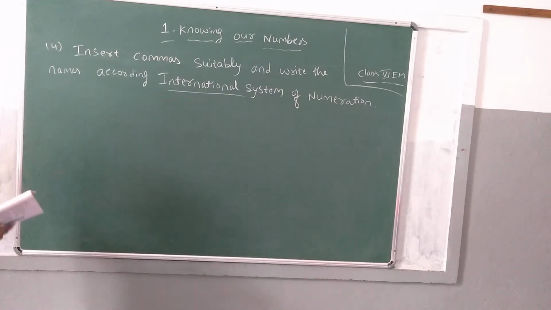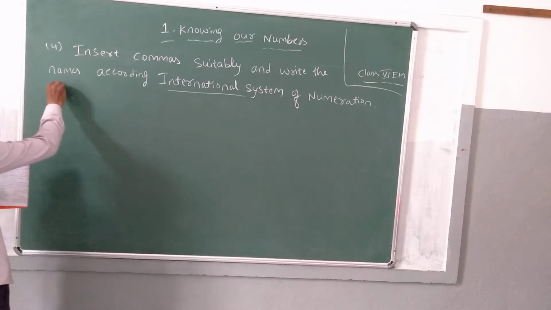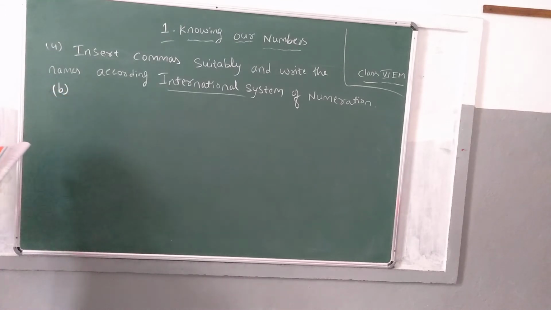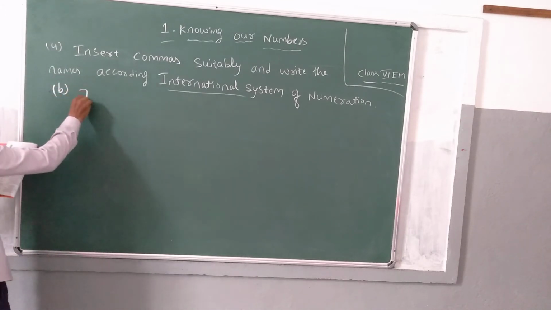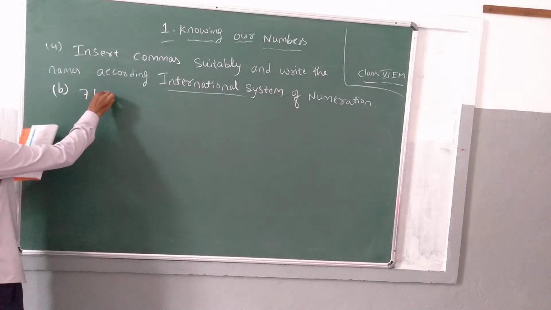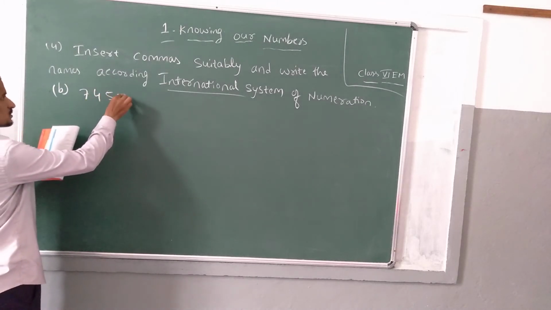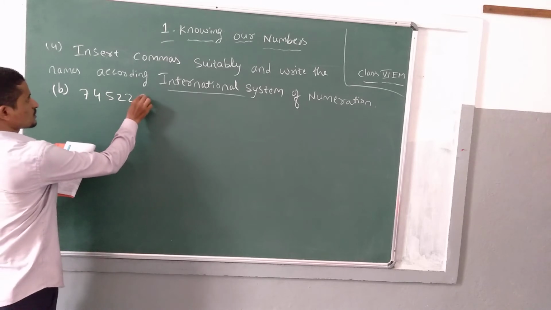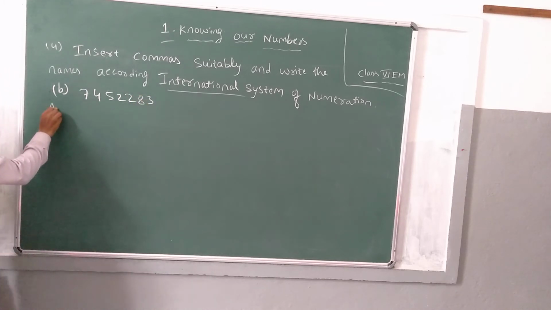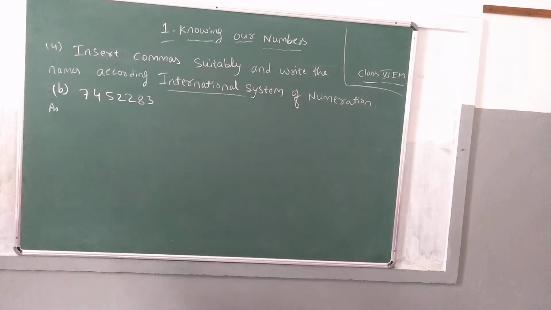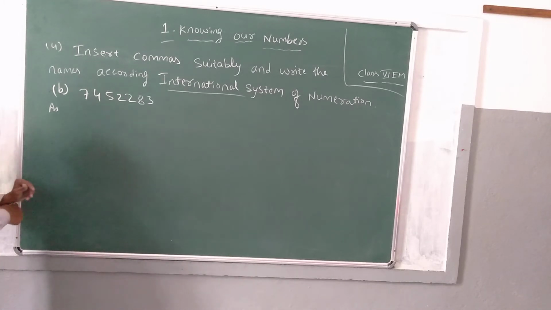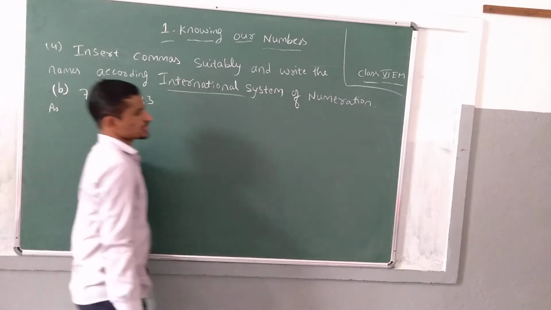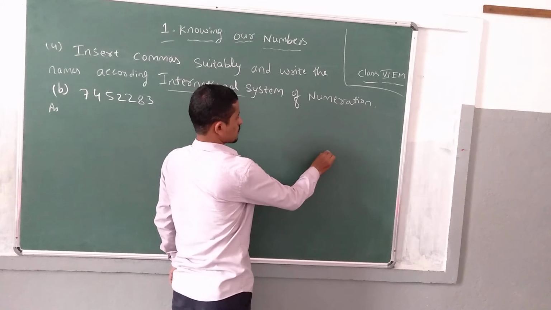So the next problem, 74522. Okay, so write that number once again here. First you write the place values.